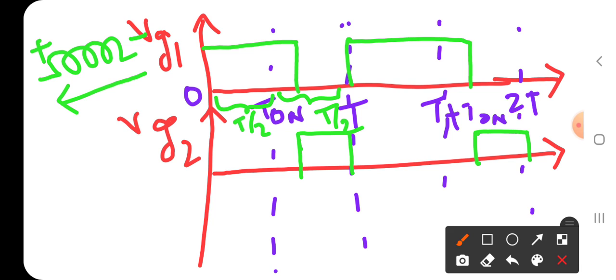Hence, the terminals of the inductor are like this.